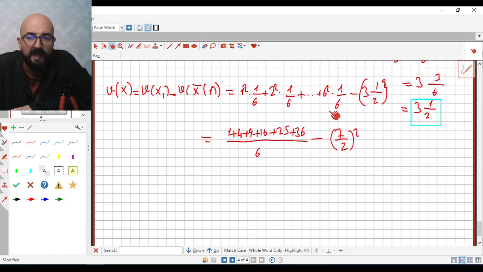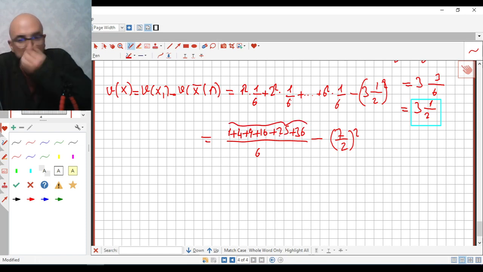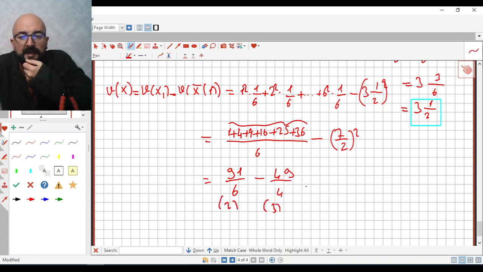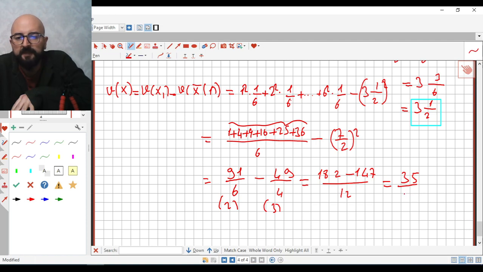Now their result means 91 over 6 minus 49 over 4, and then 182 minus 147 over 12, and it means 35 over 12 is our variance.